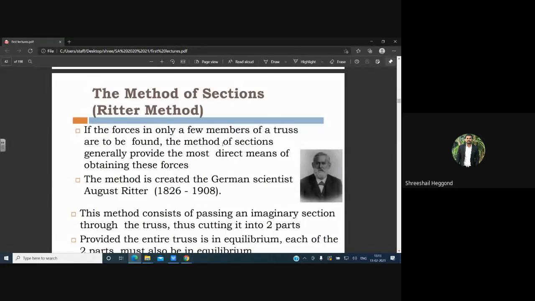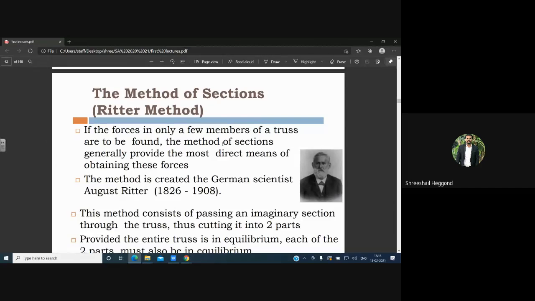If the force in only a few members of a truss is to be found, the method of sections generally provides the most direct means of obtaining these forces. The method was created by a German scientist, August Ritter, 1826 to 1908, for finding out the axial force of a particular member in the given truss, whereas in the previous method we used to calculate for all the members.